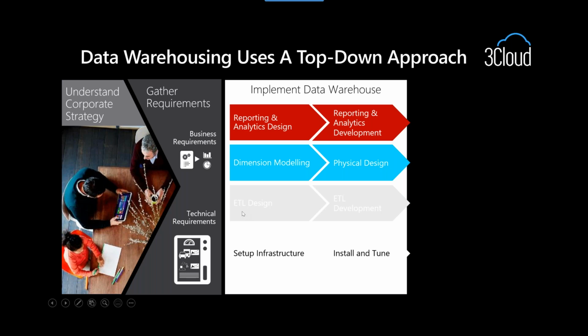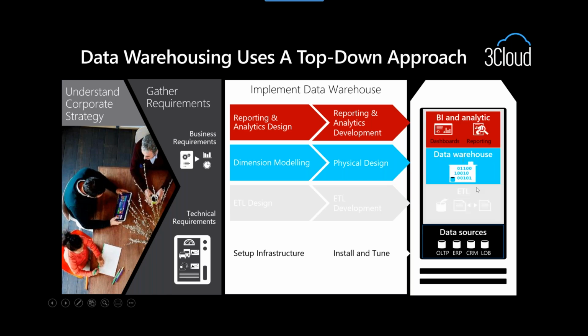The next one down says ETL design, and then next over from it is ETL development. Sorry for that, I missed that. So we go through this sort of process using this top-down approach, and eventually we end up on the right-hand side with this BI and analytics piece where we have dashboards and reporting, and we've got our data warehouse and our little ETL process working, and it's all just great.